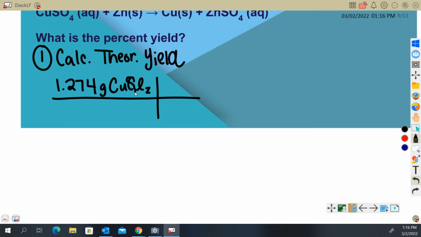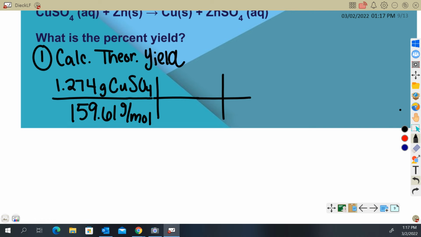It's CuSO4, sulfate. Our molar mass for copper sulfate is 159.61 grams per mole.